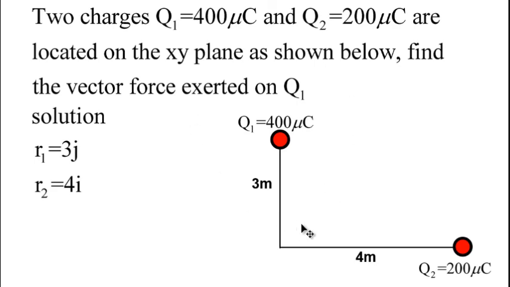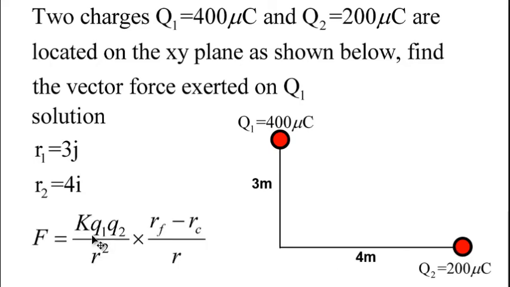From this origin, R1 is equal to 3j because it moves a distance of 3 in the j direction. R2, which is the position of Q2, is 4i because from the origin, it moves a distance of 4 in the i direction. Applying the formula for vector electric force, we have the position of the charge feeling the force minus the position of the charge causing the force, all over the distance between them, multiplied by the magnitude of the force.